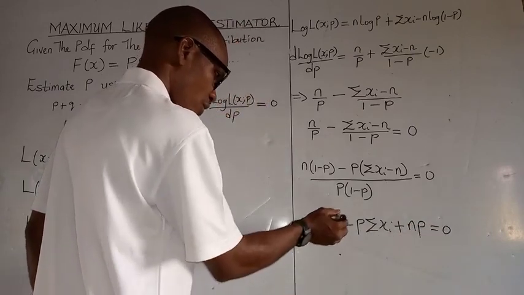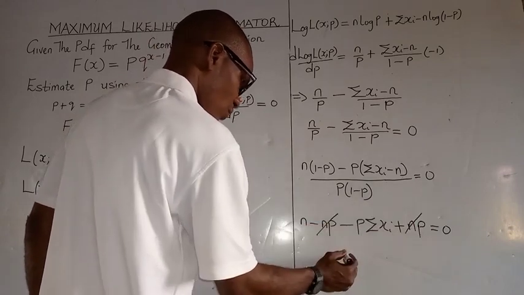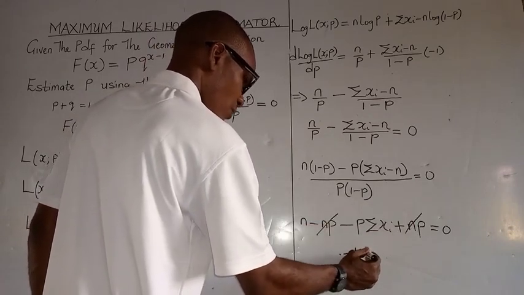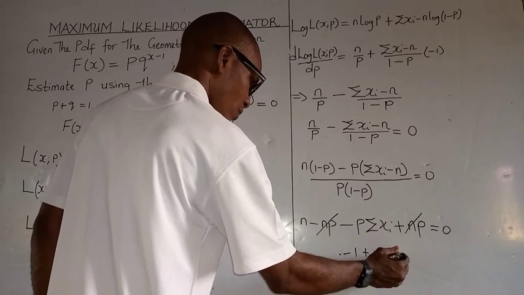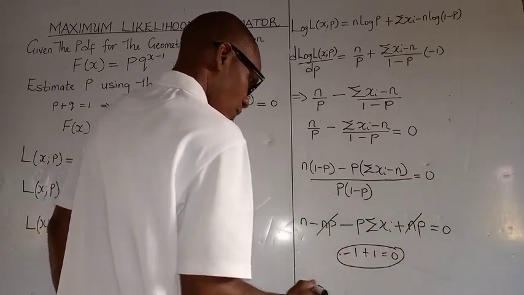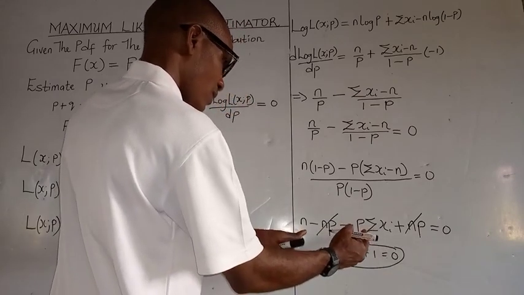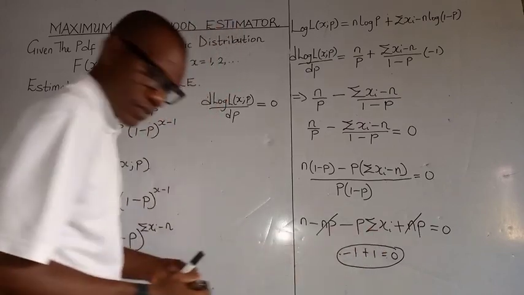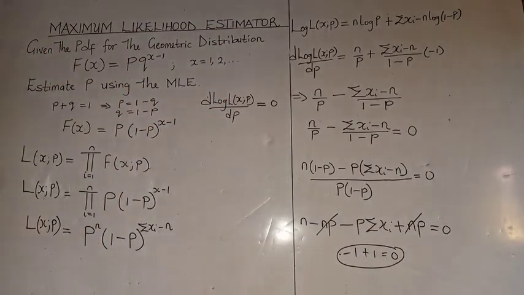If you watch, this can cancel this, because minus nP plus nP is equal to 0. So you'll be left with this and this.